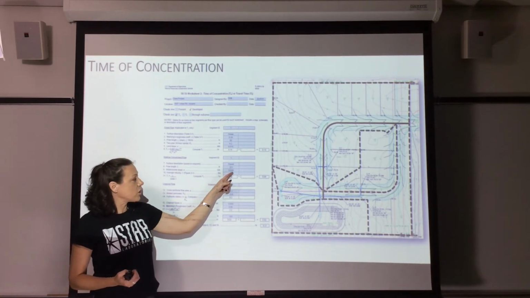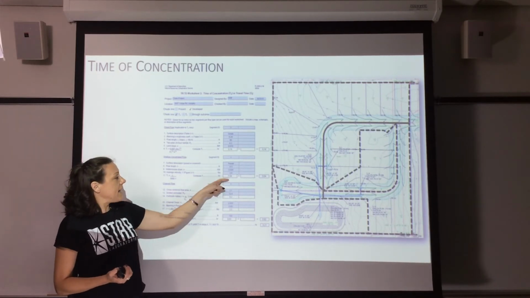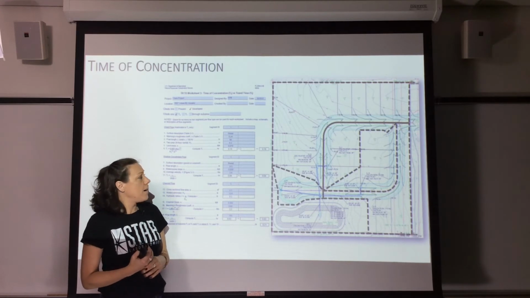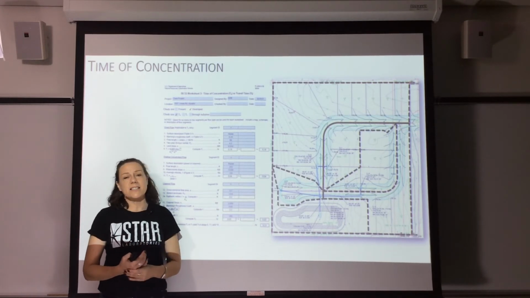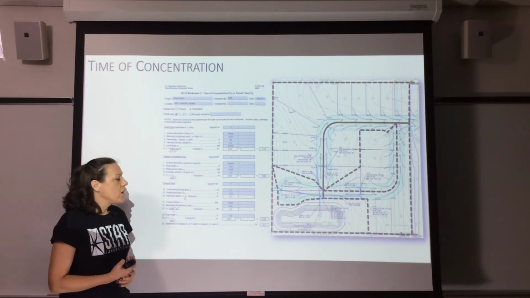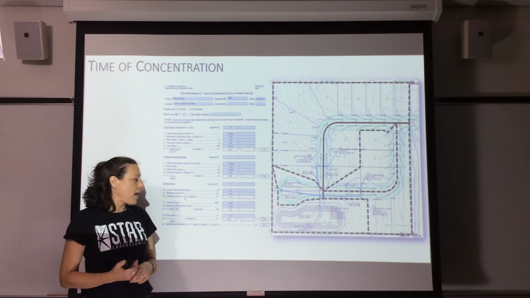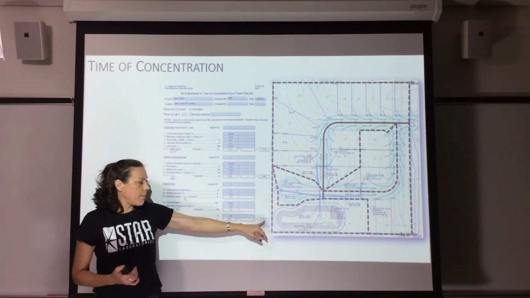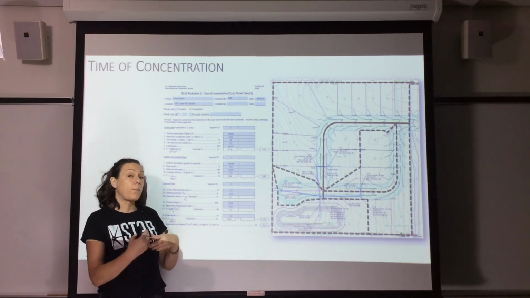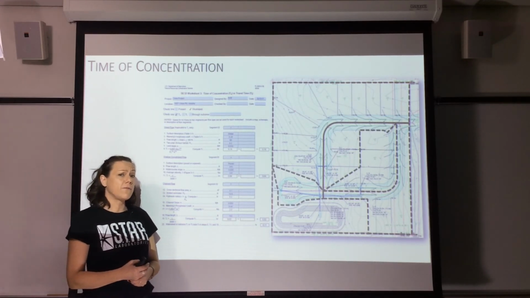It is a 2% slope, and its travel time is 0.04 hours. That's not really a whole lot. So when I add that to my overland flow, we're not getting a lot. And when we look at the velocity in the pipe, it's only got 0.02 hours. So the total time of concentration for post-development is 0.21. Remember, in pre-development it was 0.54.